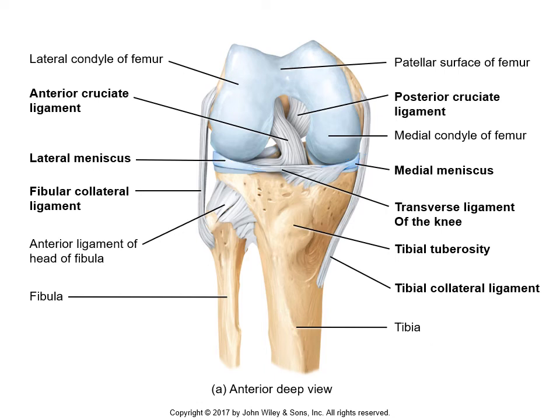These are the menisci, the medial and lateral menisci, or the meniscus. These act like wedges, literally. They help to prevent the knee from tipping from side to side. They tremendously help stabilize the knee.